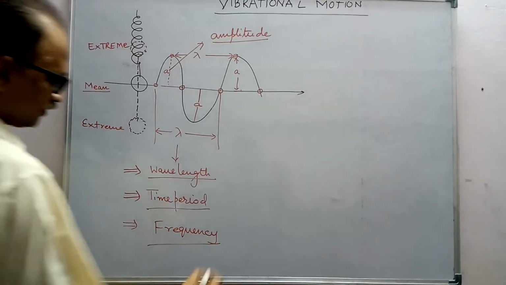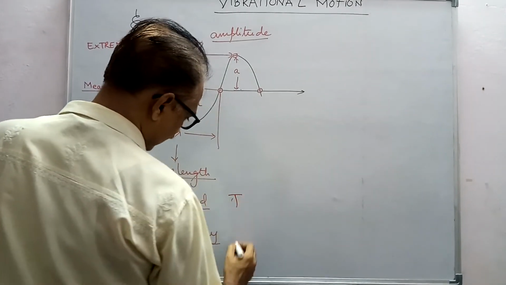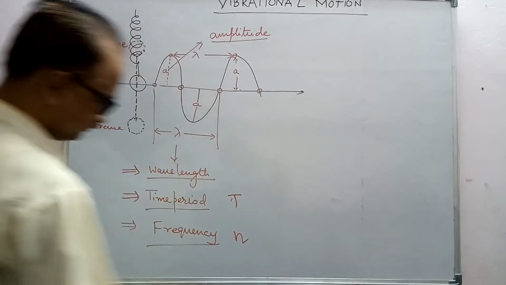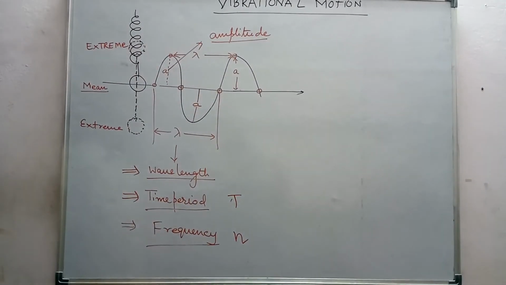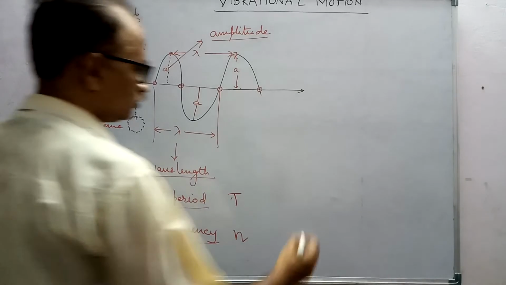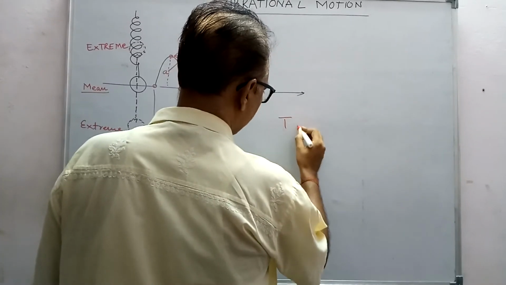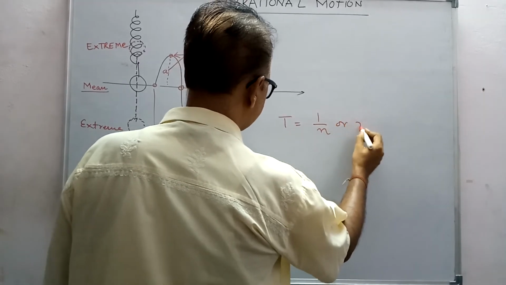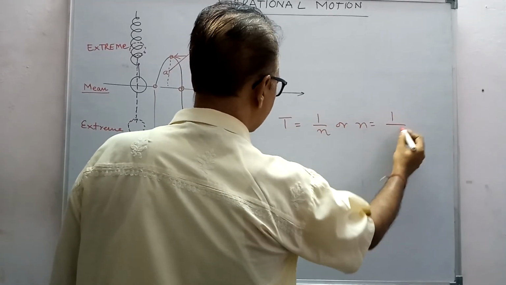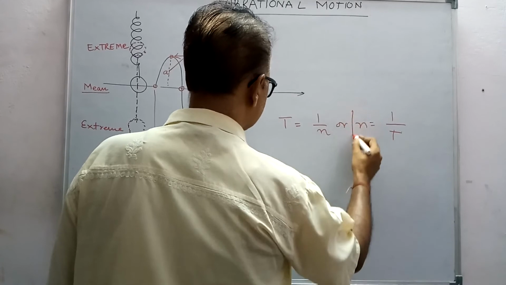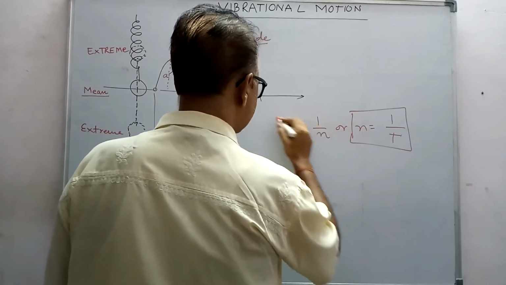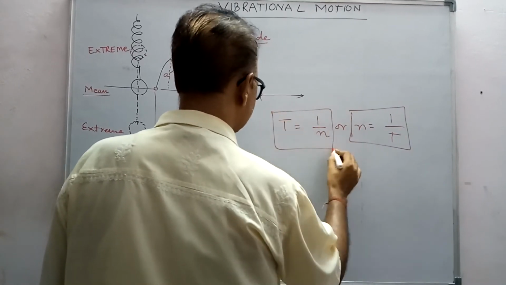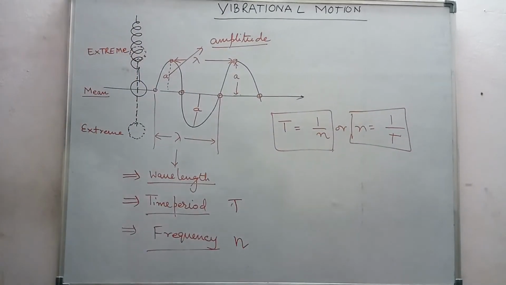Now time period is represented by T and frequency is represented by N. So time period T is equal to 1 upon N, or N is equal to 1 upon T. These are the formulas for frequency and time period, which you should know.